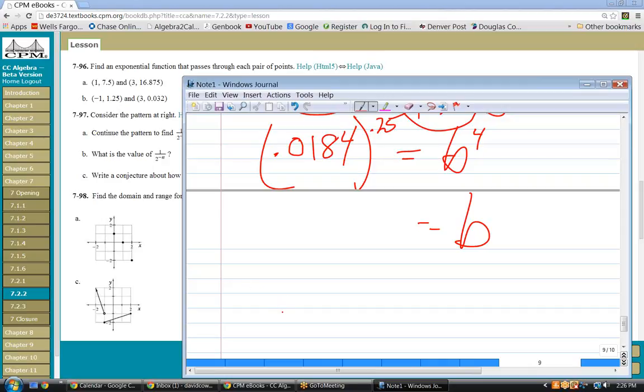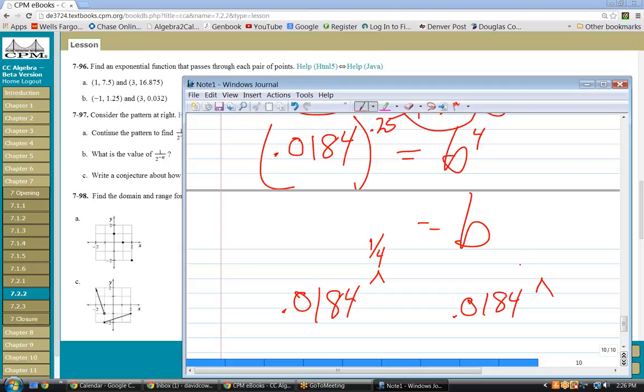Put this into your calculator, either like that or 0.0184 raised to the 0.25 power. I don't have a raise on my... What kind of calculator do you have, Grace?